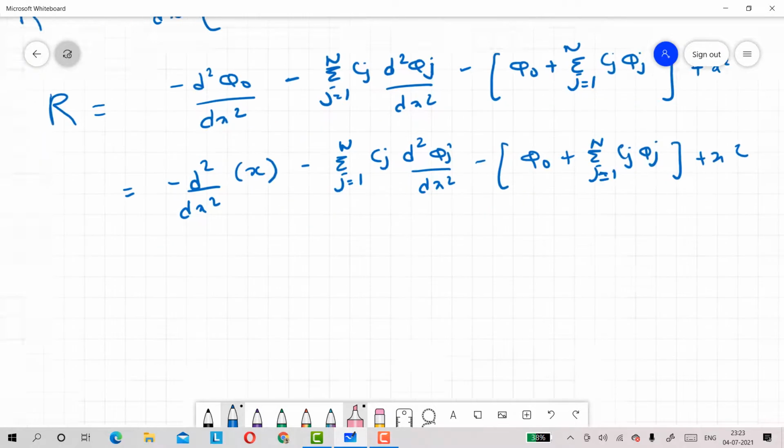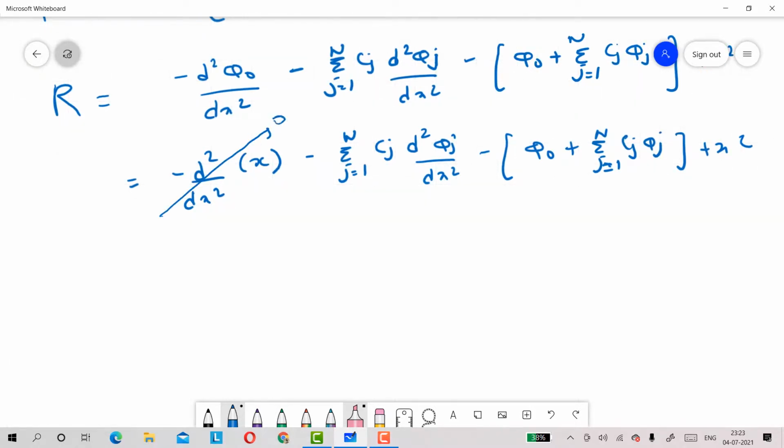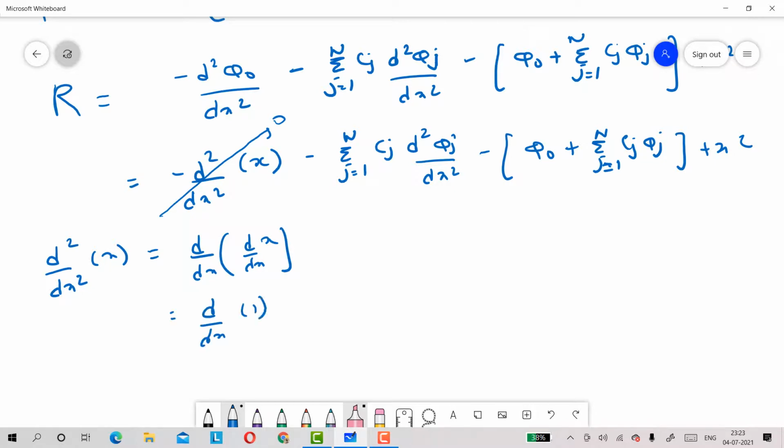Okay, so this term will be equal to 0 as differentiation of x will be, I'm solving it here. If you have any problem with this, if we solve it once, then it will become this and it will become 0.